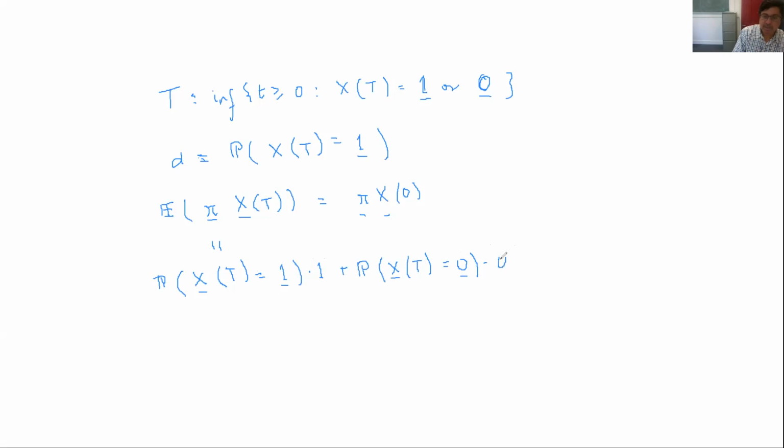It's clearly 0. Okay, so it's the sum of these two things, and that's just the probability that X_T is the all one vector, which we define to be alpha. Okay, so the expected value of the martingale at the stopping time is alpha, the probability that it hits the all one state. And so we've shown that alpha is pi times X naught.